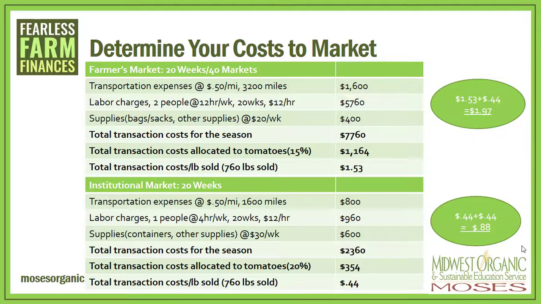So by doing this, the minimum you have to charge is $1.97 at the farmer's market and 88 cents per pound for the institutional market to cover all of your costs. And that's actually not any profit. So whatever is above that would hopefully be your profit, like I said, if all of these numbers are accurate.